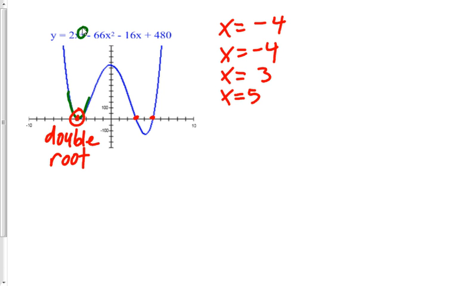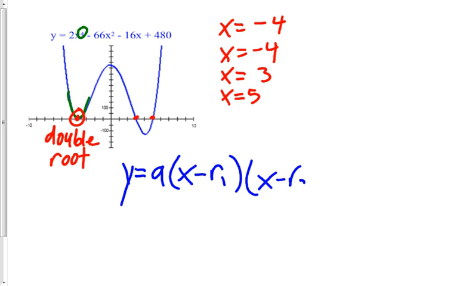Now that I know my roots, I can begin to use my factored form of y is equal to a multiplied by x minus r1 multiplied by x minus r2 multiplied by x minus r3 multiplied by x minus r4.